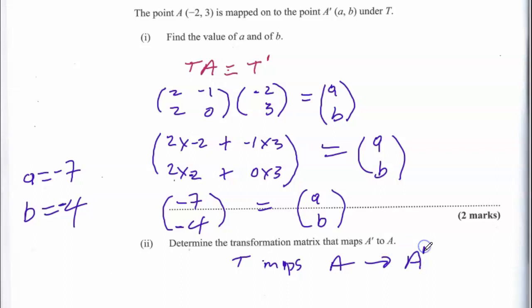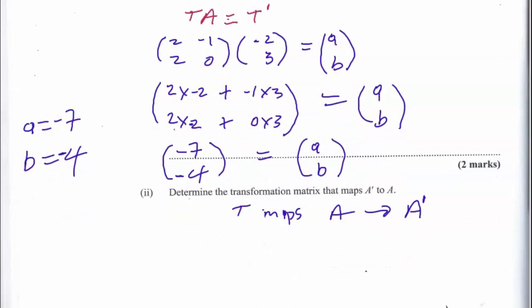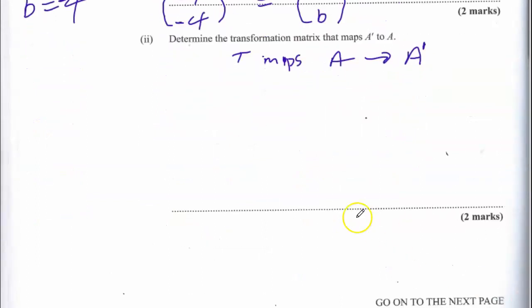So now we want the matrix that maps A image back to A, and of course that would be the inverse of T, the opposite operation. T was 2 minus 1, 2, 0. So we want the inverse of T.